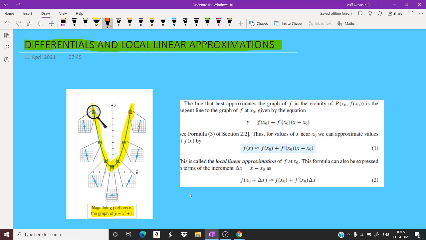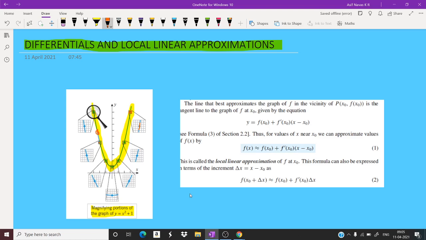So we can approximate any value near this point by a straight line. Okay, so straight line is very easy. That's a linear equation, and we can easily find the value of that function at that point, nearer to that point.